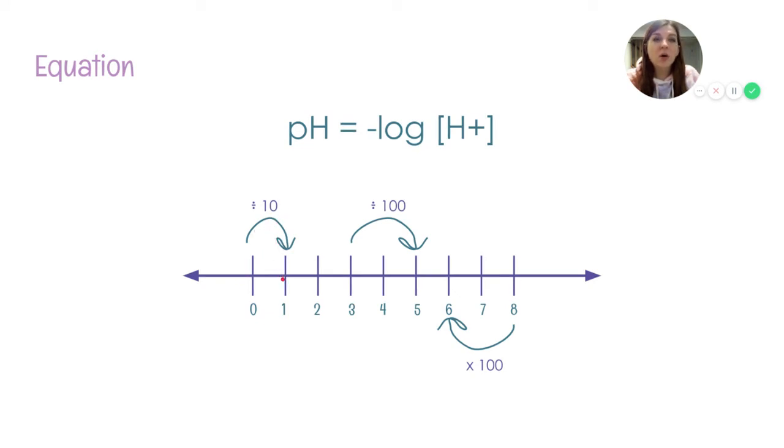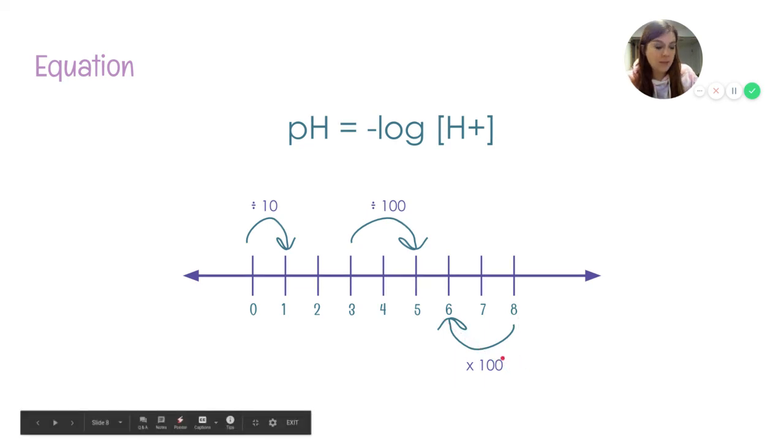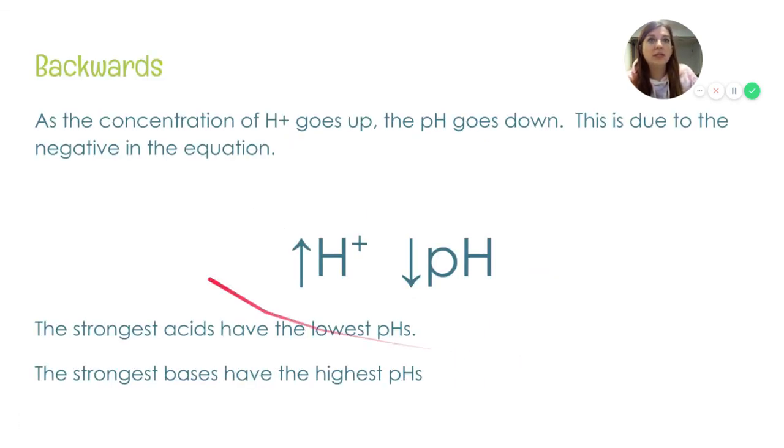So if we go up one number or one section on this scale, we're dividing by 10. If we want to go up 2, we divide by 100, which is really dividing by 10 twice. And then here to go back 2, we're going to multiply by 100. So really what this means is that as your hydrogen ion concentration goes up, your pH goes down. So strong acids wind up having lower pHs.